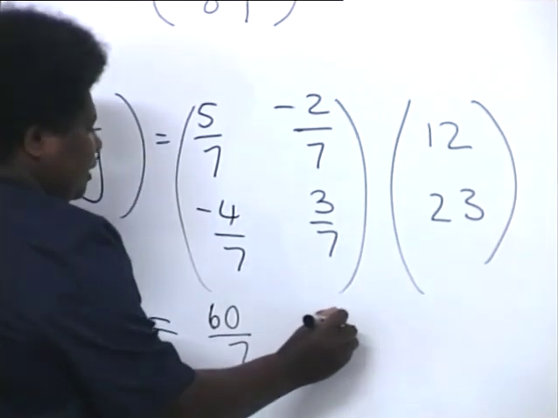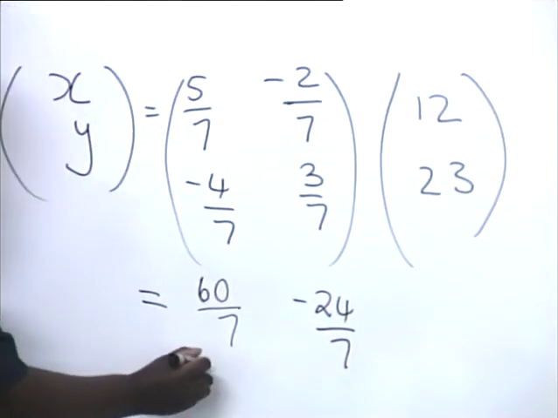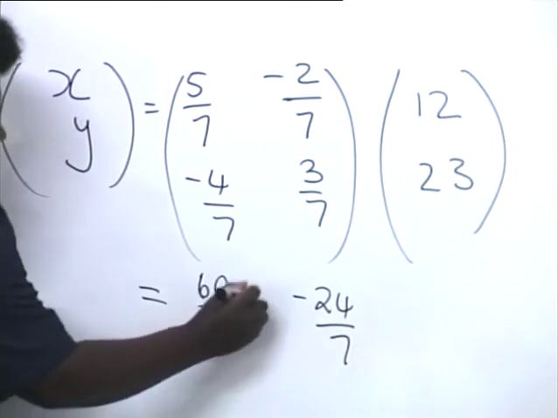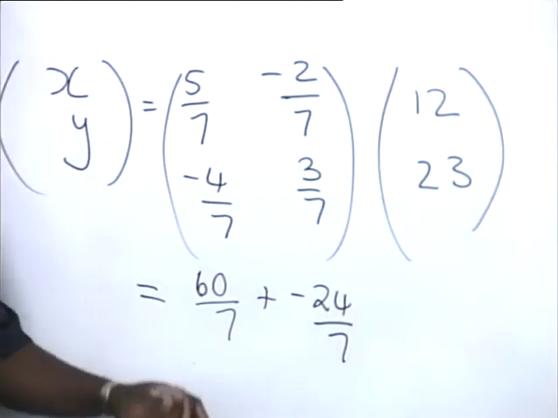Okay, minus 46 on 7. Then, plus minus 24 on 7, yeah.